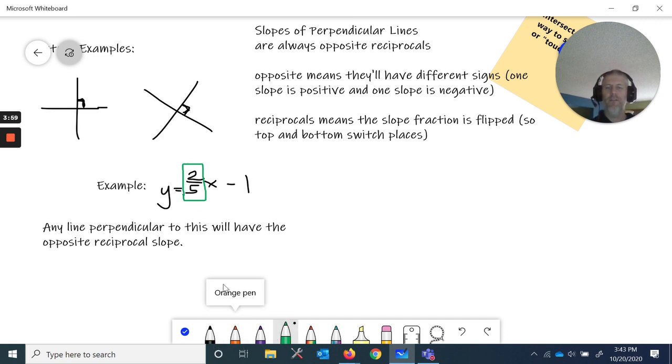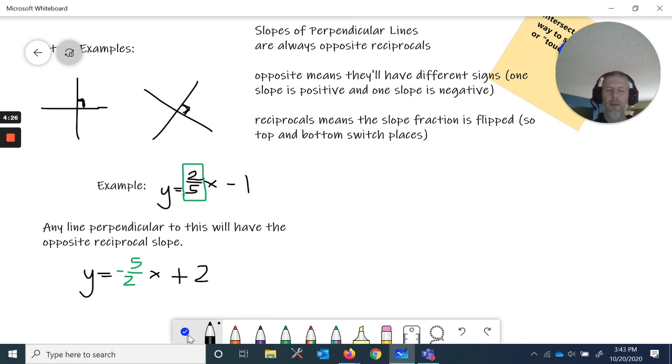So that means we need to switch the sign. So since this is positive, we'll make it negative. And because it's 2/5, we'll flip that to be 5/2. So our perpendicular slope would be y equals negative 5/2 x. And then my y-intercept can be literally anything I want. It can stay the same. It can be different. So let's go with +2 for an example.